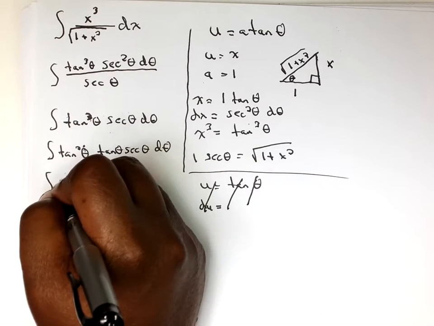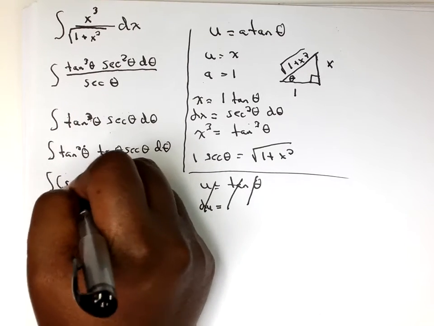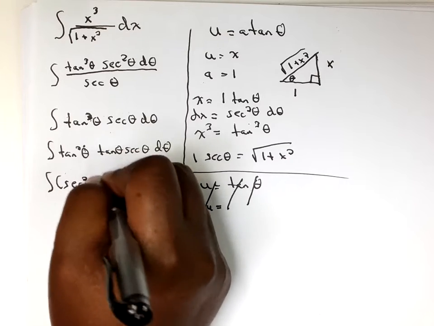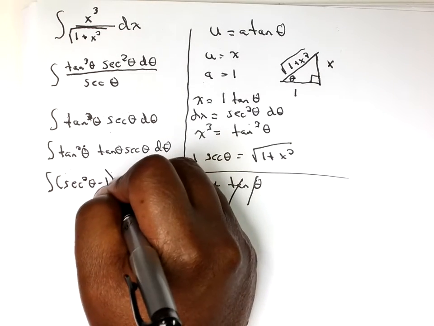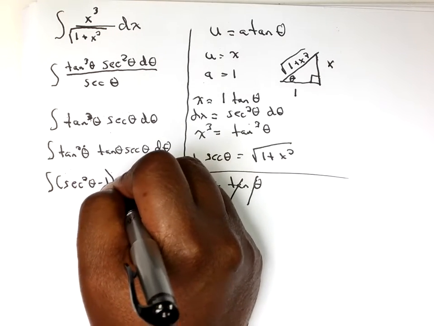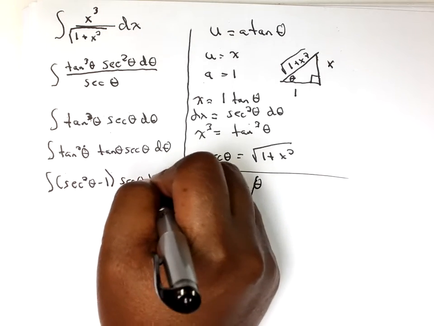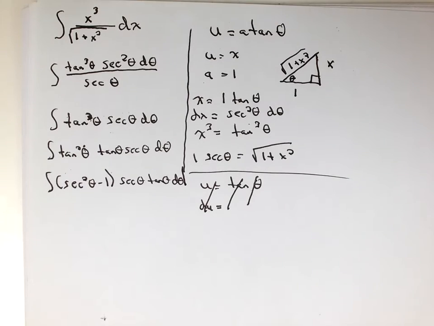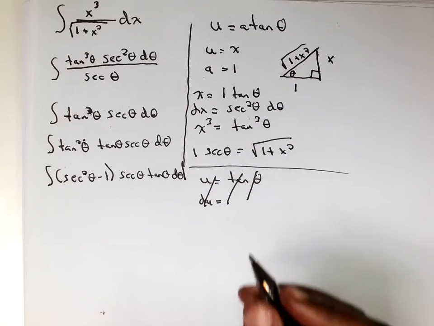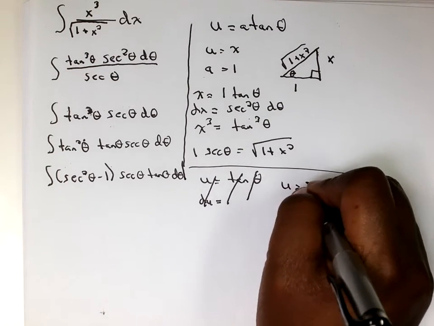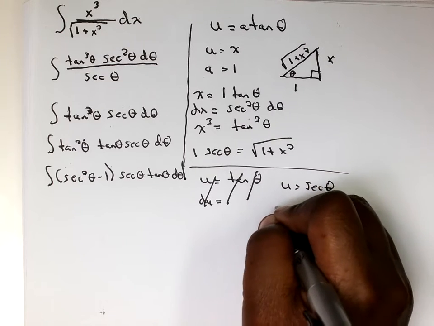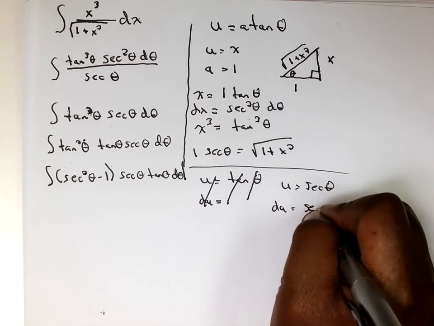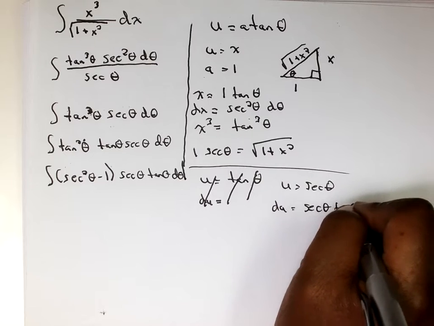Instead of tangent squared, I'm going to do my identity and make it secant squared theta minus 1. And then I have my tangent secant. I'm going to write in the other order so that I can identify it a little bit better. And now I'm going to make my u equal secant theta, and du is secant tangent.